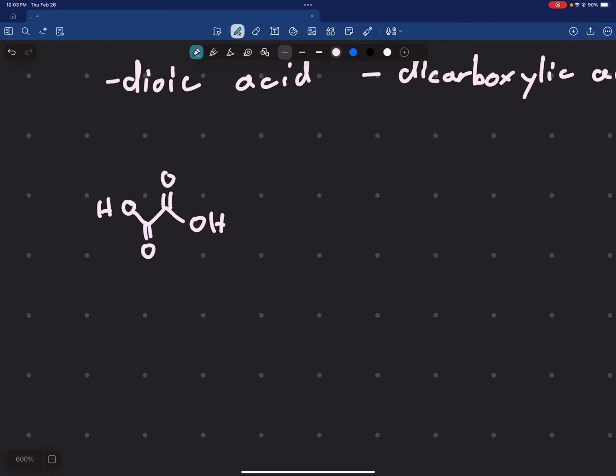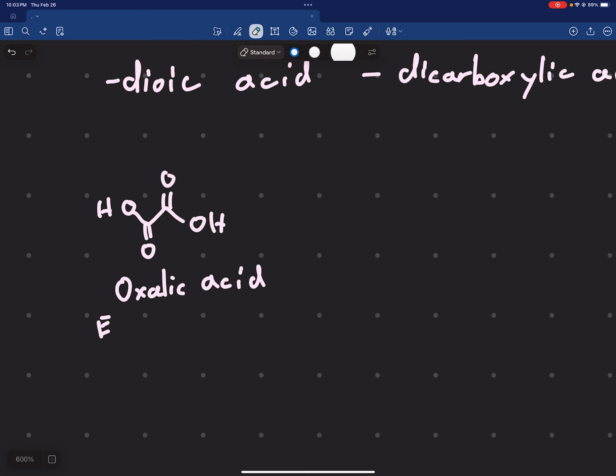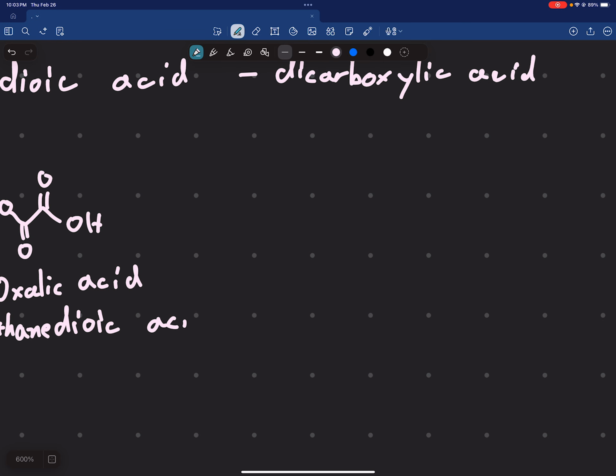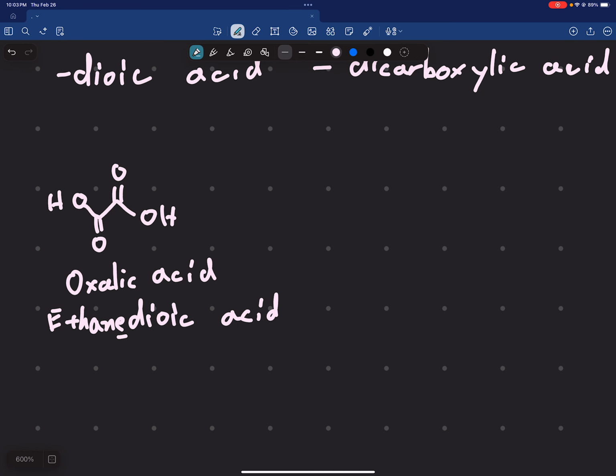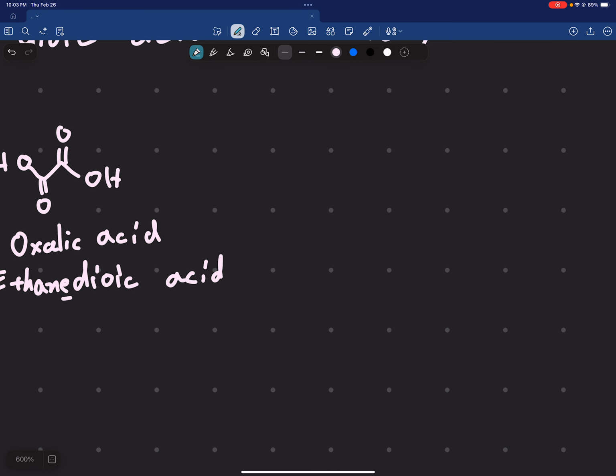You might see this as oxalic acid, but its formal name is ethanedioic acid. And notice that we don't drop the E at the end there.